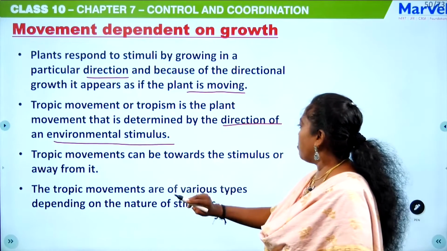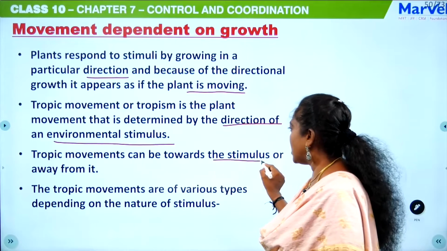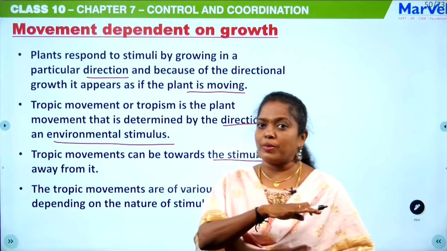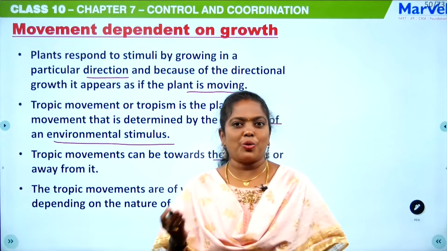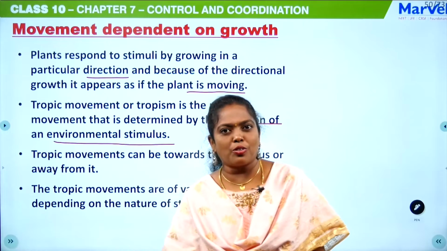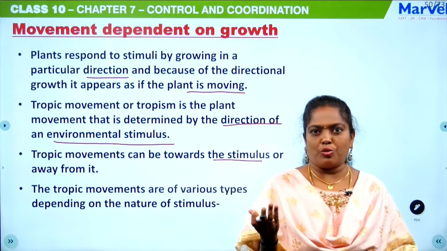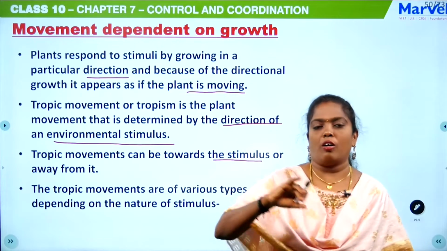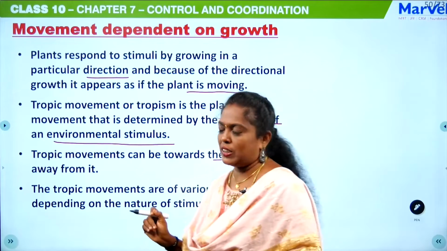Maybe they will ask you to define it. Tropic movements can be towards the stimulus or away from the stimulus, either positive or negative, like positive geotropism or negative geotropism.